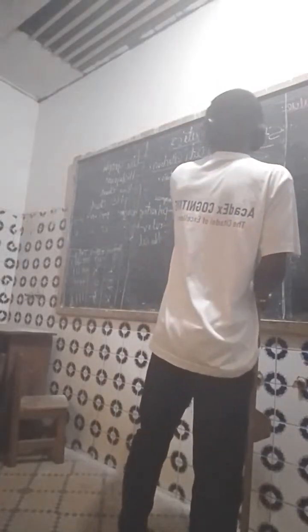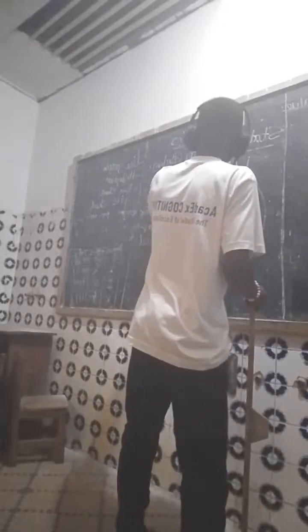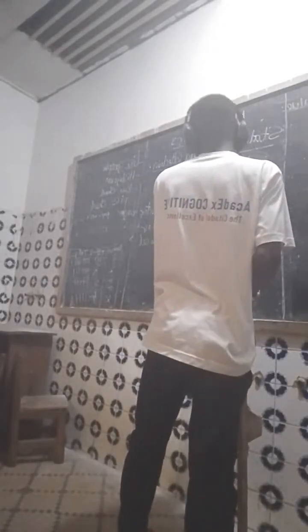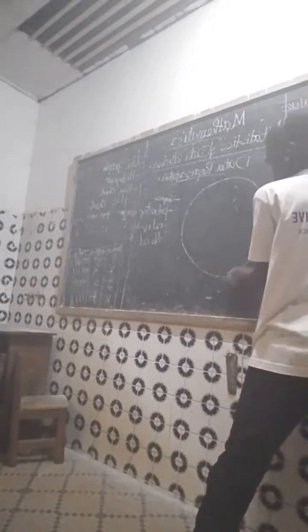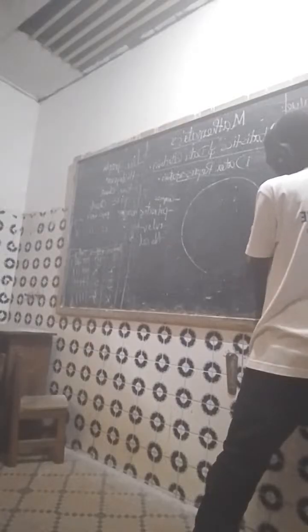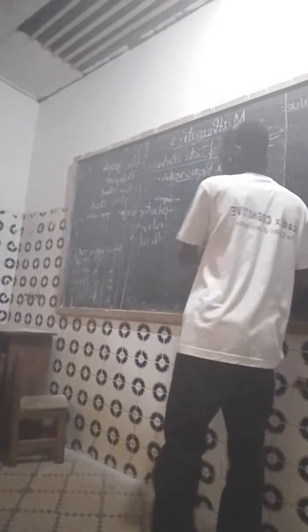Before you draw the circle, let me just draw it above. You see my circle now. So I needed a compass to draw the circle. You put the center as a dot.